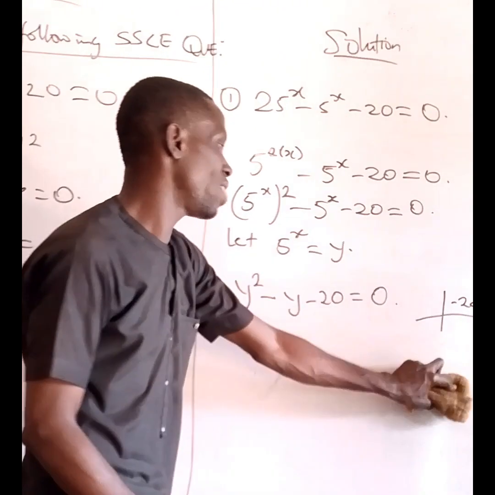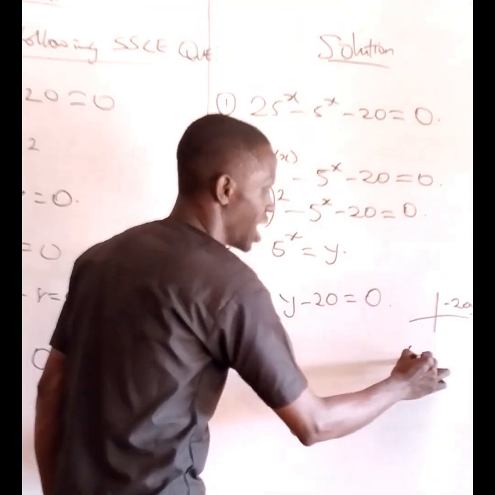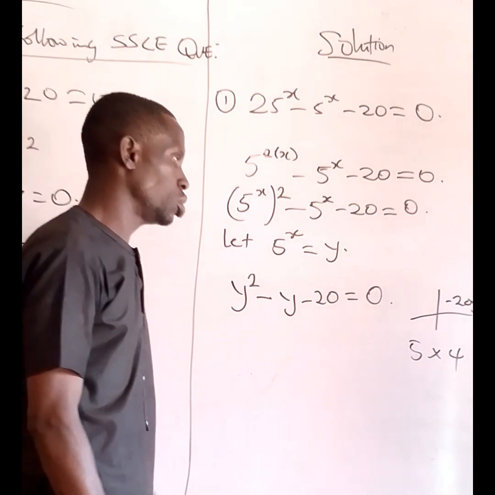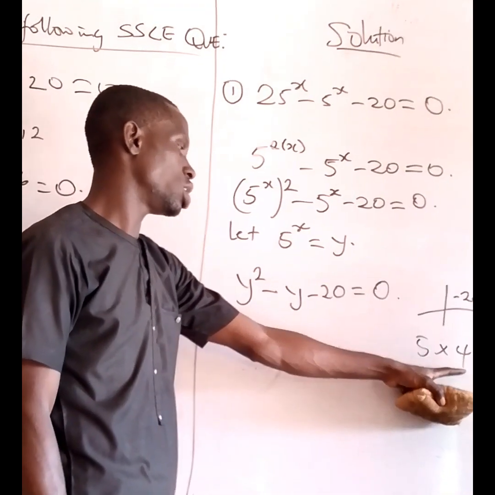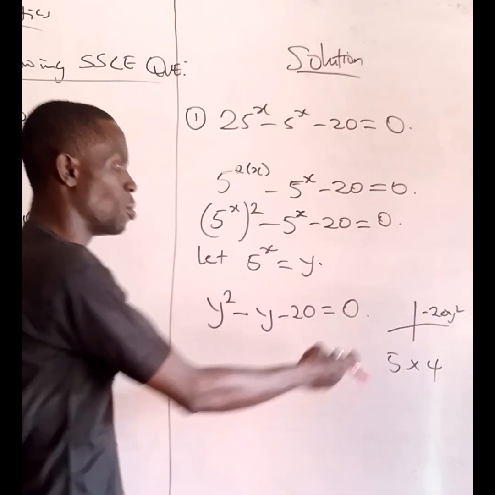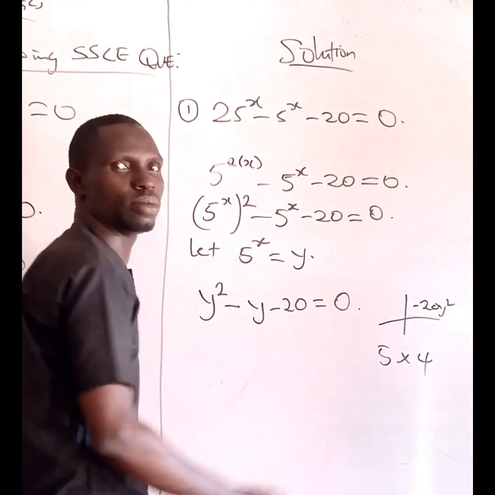So what are the factors of 20? That's 5 times 4. If we multiply 5 times 4, it gives us positive 20. Now, of course, our multiplication is minus 20.